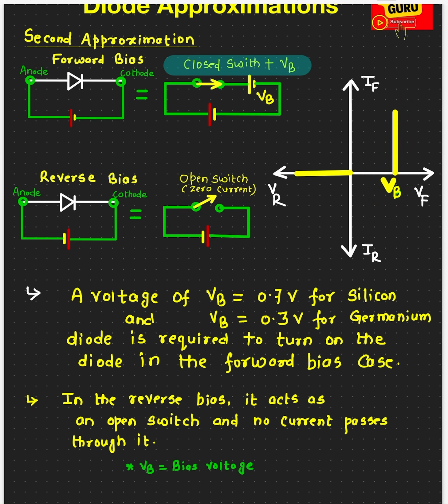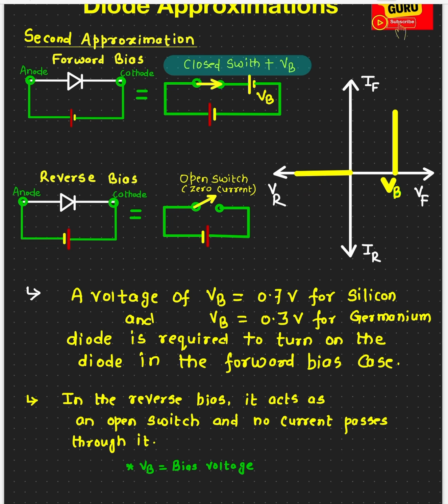Now in the reverse bias, even in the second approximation, the diode simply acts as an open switch. That means it doesn't matter how much voltage you apply, the current in the circuit will be 0.